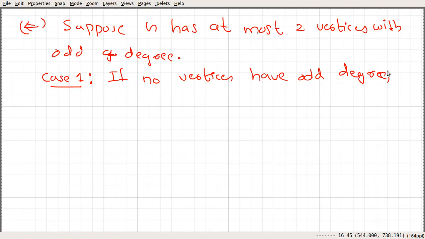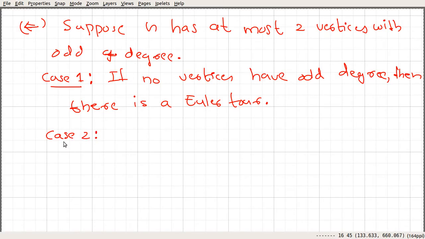Then by using the theorem that we proved in the previous video, following a similar proof, we can say that G has an Euler tour. If a graph has an Euler tour, definitely it has an Euler trail. So we are done with case 1.